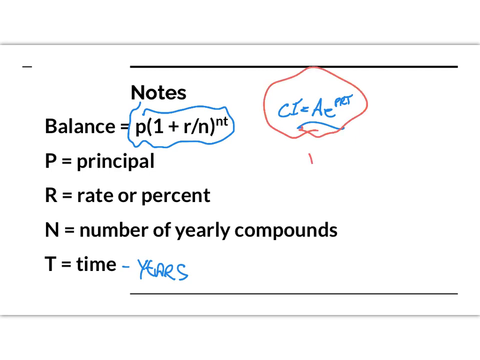So you may see other equations out there for solving interest problems, and we're not going to worry about that. We're going to use this one. It's going to be simple. I'm going to walk you through it, and if you see another one, it should work.